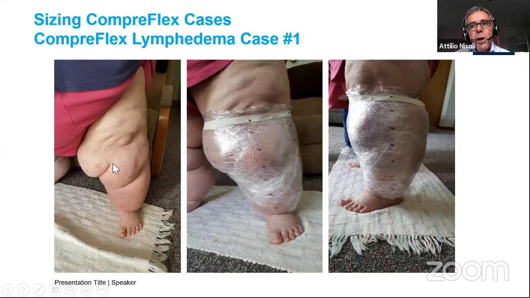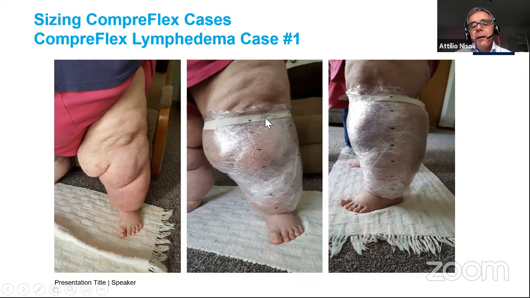That means we would compromise the circulation, and this is the opposite of what we actually want. So we need a stiff fabric which has a good compression pressure and does not compromise any flow.